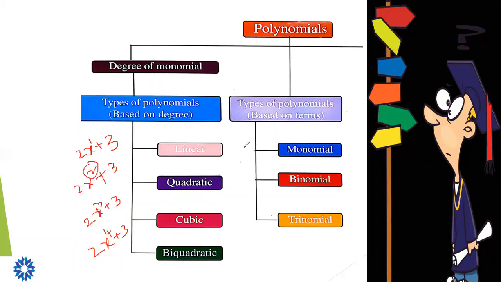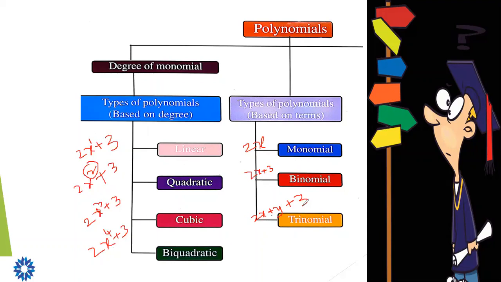We know that monomial means one term, for example 2x is a monomial. 2x plus 3 is a binomial. Already I wrote 2x plus 3. Here the degree is 1, so it's linear. Based on degree it is linear, based on terms it is binomial. If you take one more, 2x plus y plus 3, 3 terms are there, it is a trinomial.